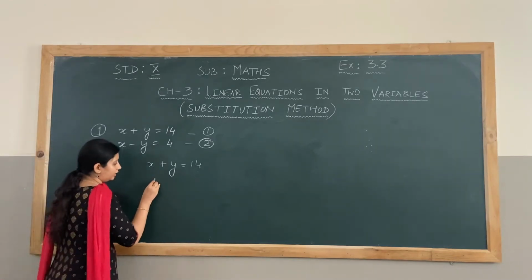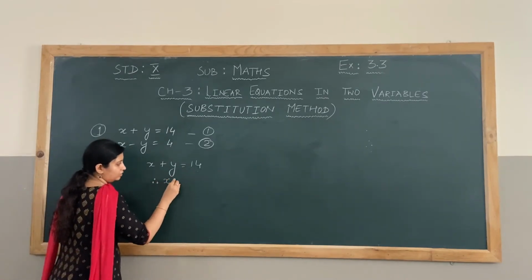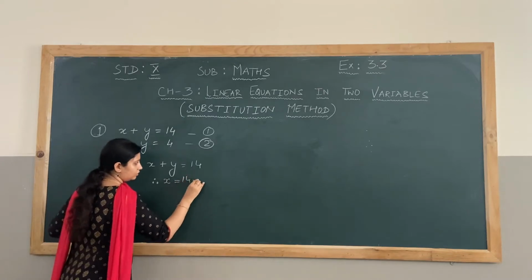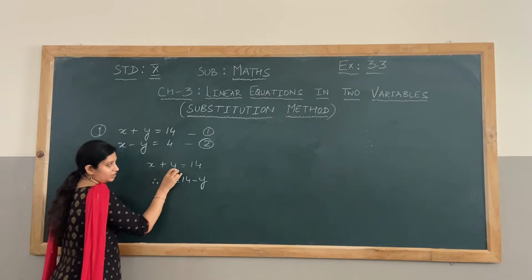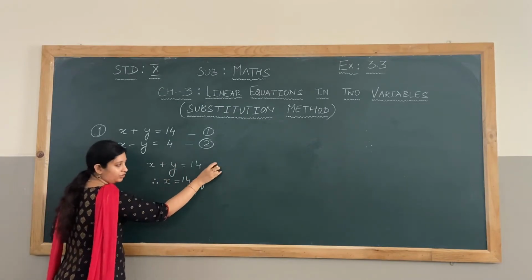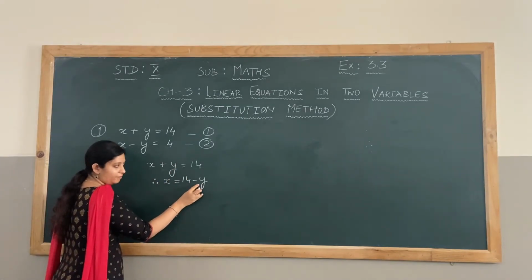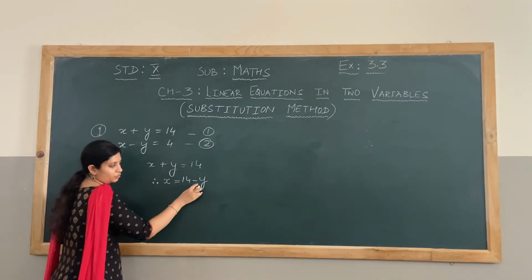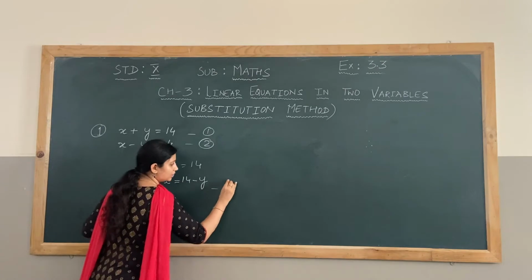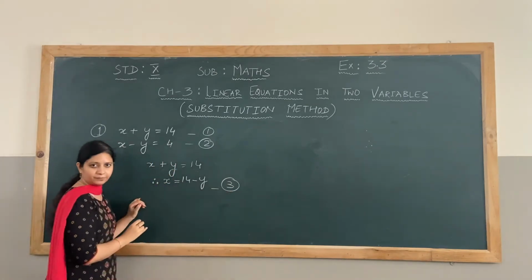So here I am writing this equation in terms of x. So x is equal to 14 minus y. See, what I have done is I have taken this plus y to the other side of equal to, so that becomes minus y. So this is the equation in terms of x: x is equal to 14 minus y, and name this equation as 3.